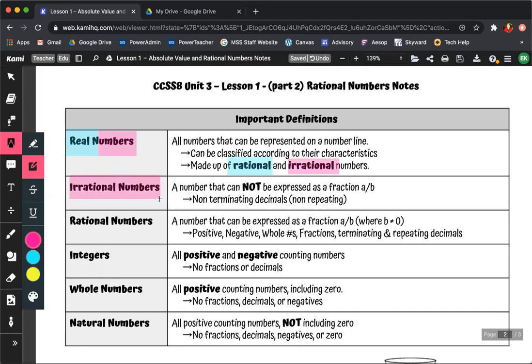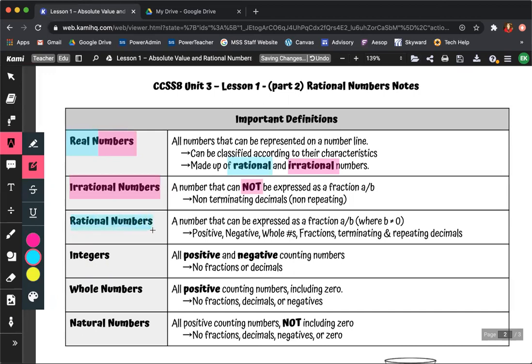So irrational numbers are a number that cannot be expressed as a fraction, as A over B. So non-terminating decimals that are not repeating. So they're decimals that go on and on and on forever with no repeating pattern. So a lot of times like square root values are going to be irrational, or pi, because pi goes on and on forever.